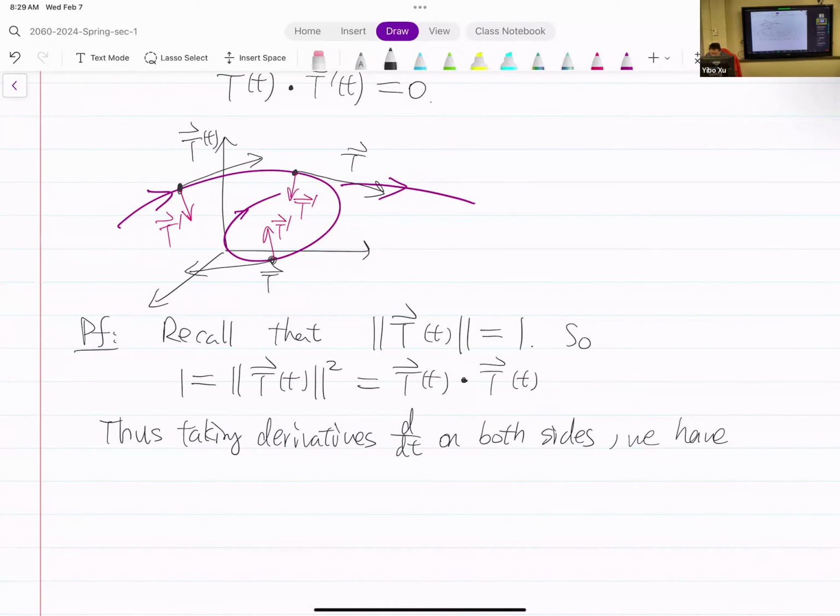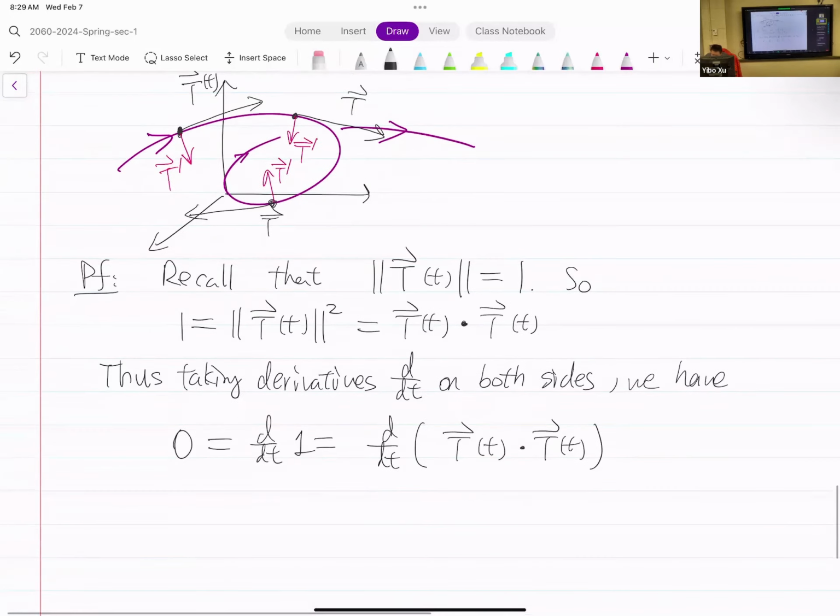The function value doesn't change, so the derivative is 0. The derivative of a constant is 0. And now the right hand side, we have the derivative of T dotted with itself.